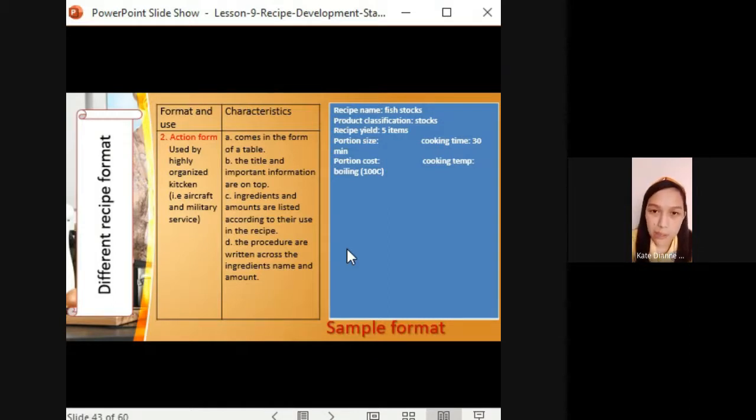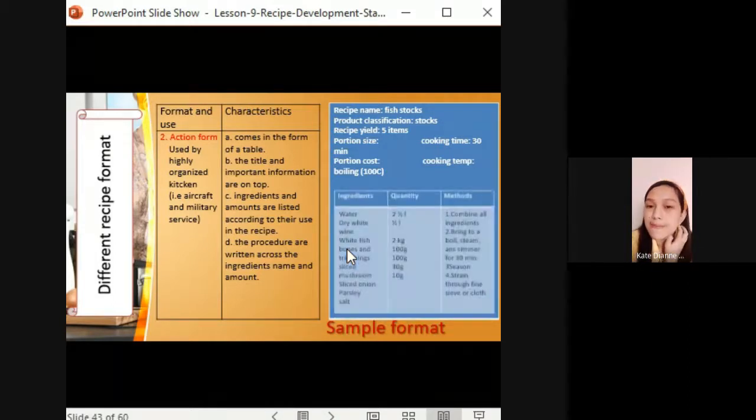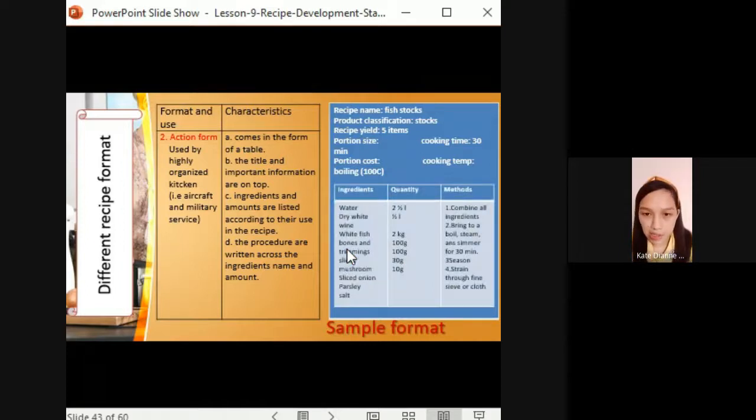Okay, pakita natin yung sample, sir. So, ayan, nakikita nyo na naka-table siya. So, sa standard is mauuna yung mga major ingredients. Dito naman, kahit anong mauna, basta nakapantay siya sa quantity. For example, yan sa water. Kung ilan ang kailangan, nakatapat siya sa water.